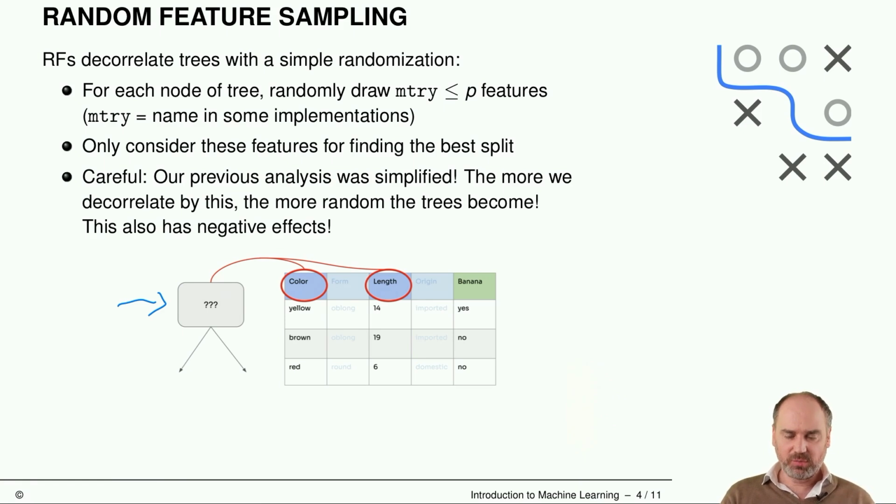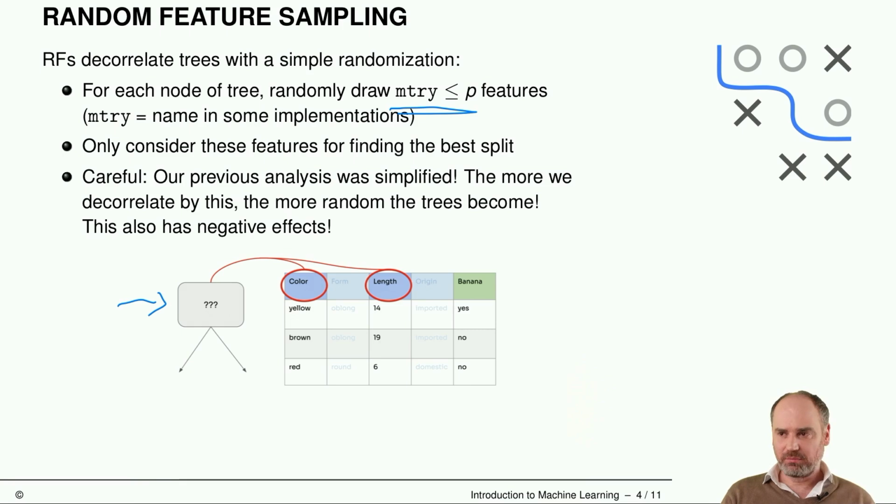So the randomization procedure now says, do not search over all features, but only consider a certain subset, and that random subset of the feasible features you're allowed to look at in split finding is randomly sampled again and again per node. You could do this also per tree, but usually this is done on a per node basis.